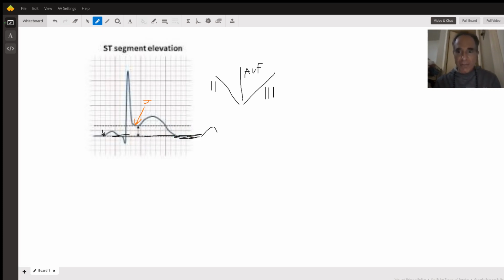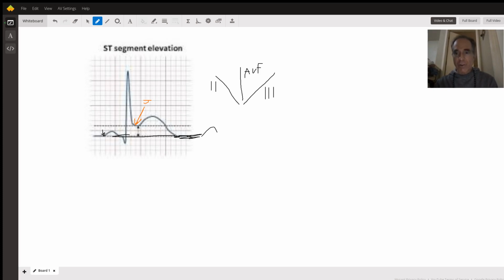But there are two exceptions. The exceptions are V2 and V3. For those, you need a little bit more. For a female, it has to be at least 0.15 millivolts, so 1.5 little boxes. And then if you're a male, it depends on whether you're over 40 or under 40.